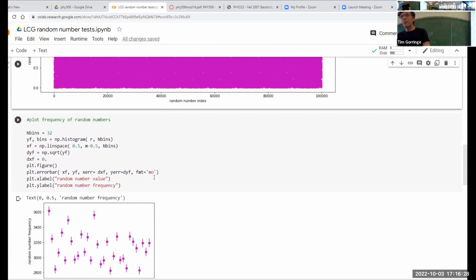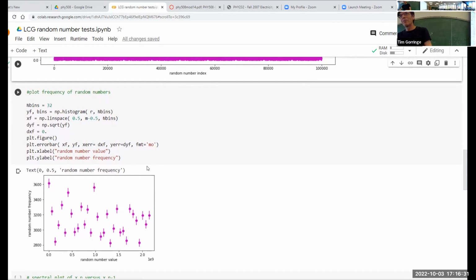Okay, so let's make some plots that might help us test randomness in a more quantitative way. In this plot, I'm going to make a histogram. I'm going to divide the range of possible random numbers from my random number generator, that range was from 0 to 2 to the power 16 minus 1, into 32 separate intervals, each one of them 1/32 of that entire range.